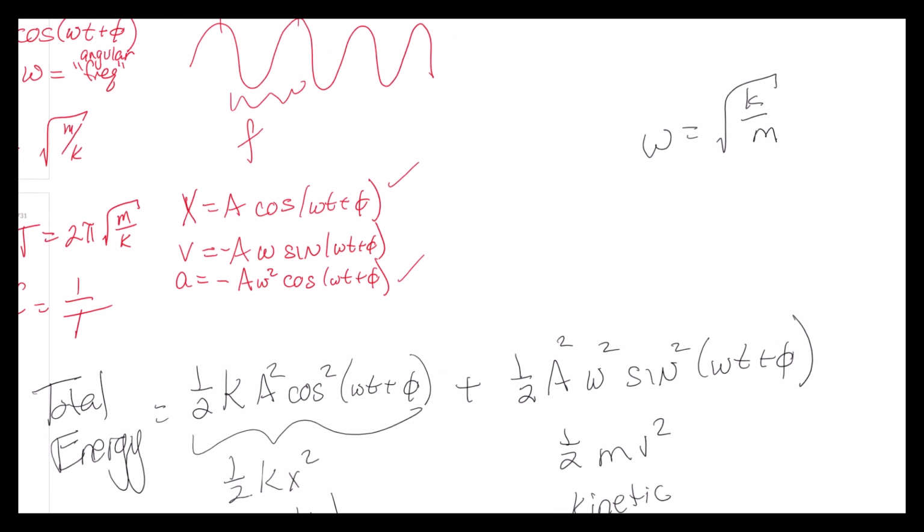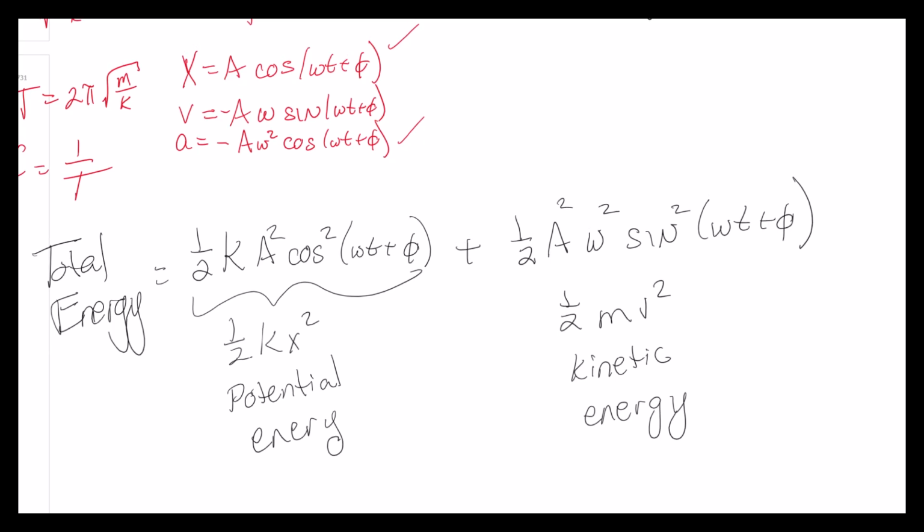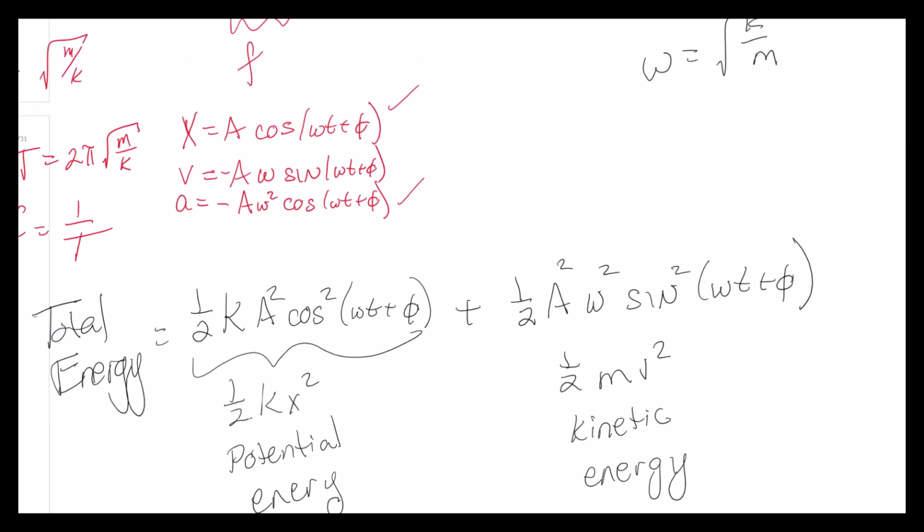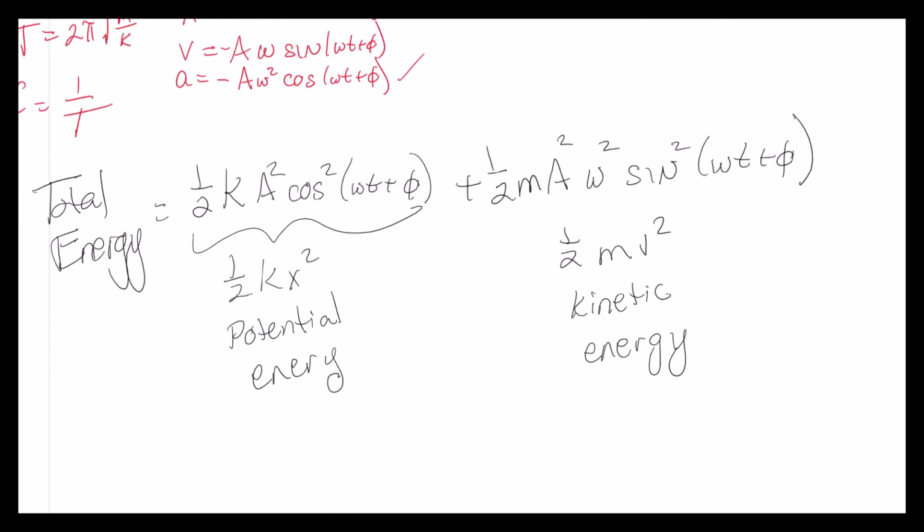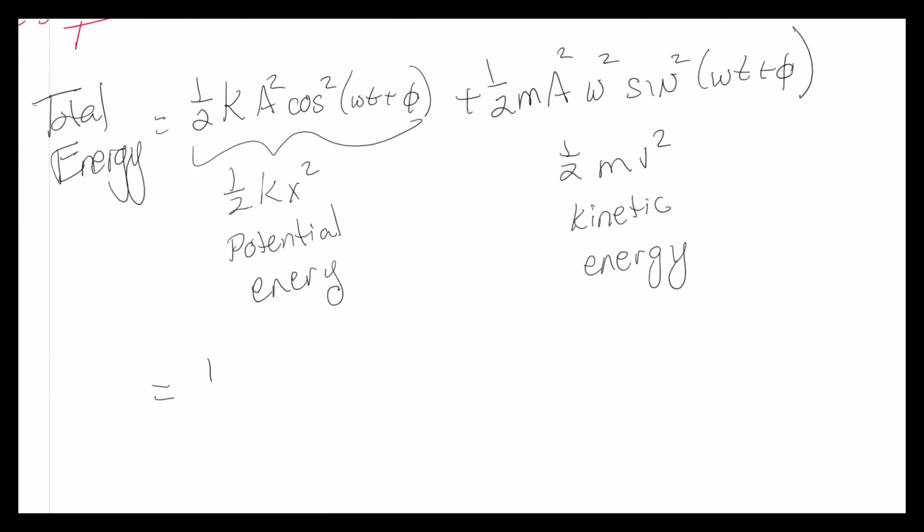So omega is the square root of k over m, so omega squared is going to be k over m. Okay? Oh, I forgot my m. 1/2 m, and then this is v squared. Let me rewrite that. 1/2 m, and then v squared. Okay. So I have a 1/2 on everything, and an A squared on everything.